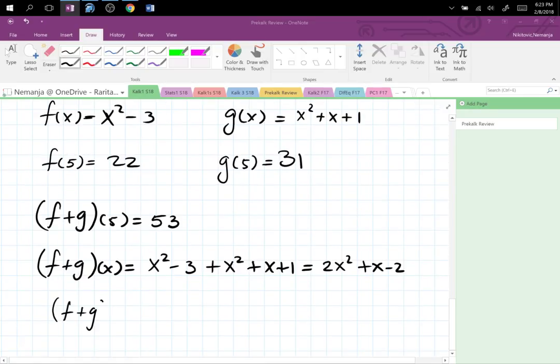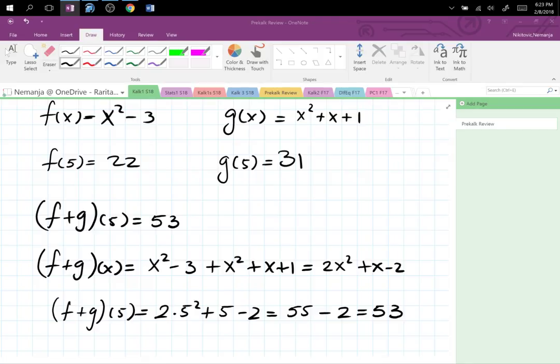So now as you plug in 5, you have 2 times 5 squared plus 5 minus 2. It works out to be 25 times 2 is 50, 55 minus 2 equals 53, which is exactly what we had to get. Otherwise, we broke mathematics, we can go home.